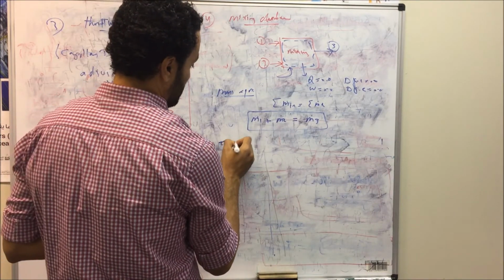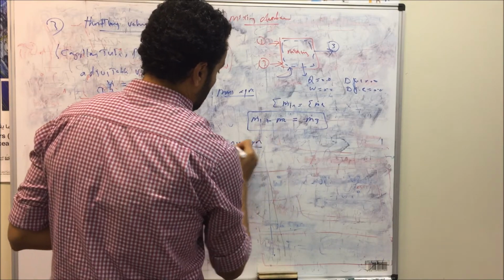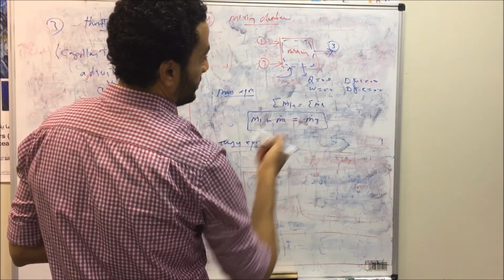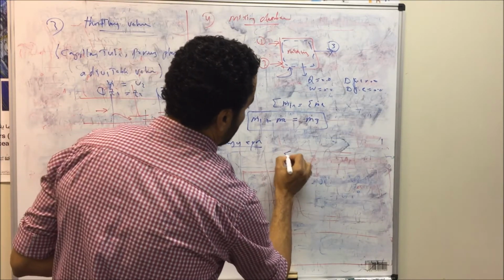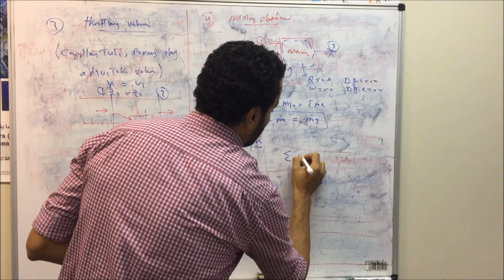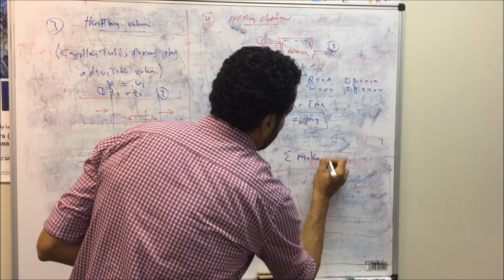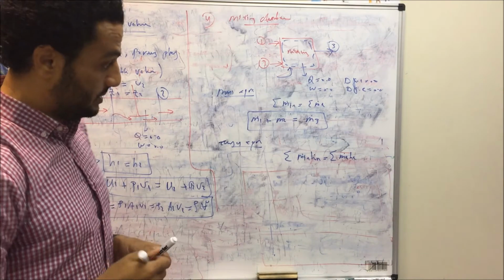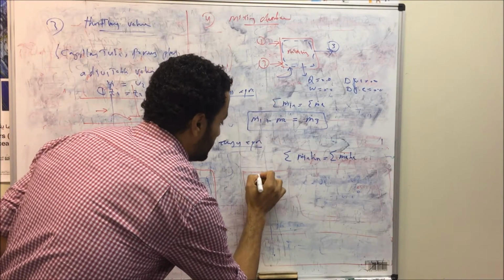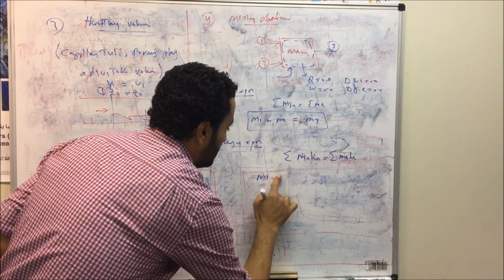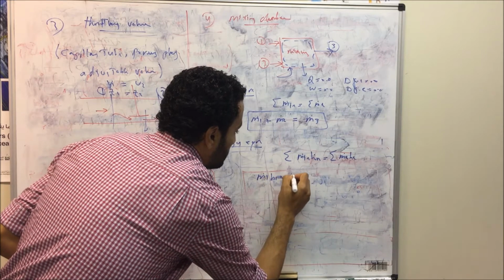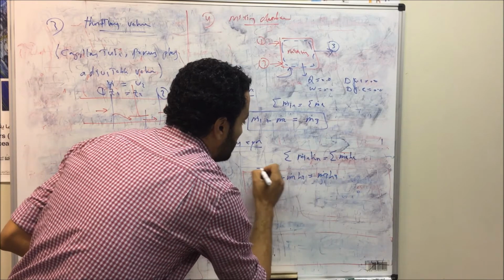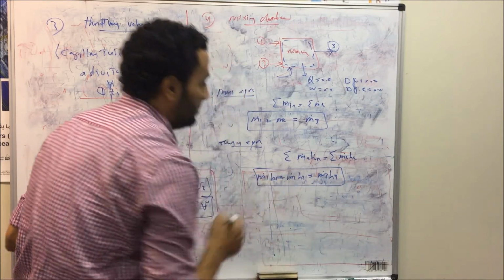The energy equation in this case, we can reduce it since we don't have a change in kinetic or potential energy, we don't have heat transfer, we don't have work, so we end up with summation of m dot inlet multiplied by h inlet equal to summation of m dot exit multiplied by h exit. For this example, it will be m dot 1 h1 plus m dot 2 h2 equal to m dot 3 multiplied by h3.